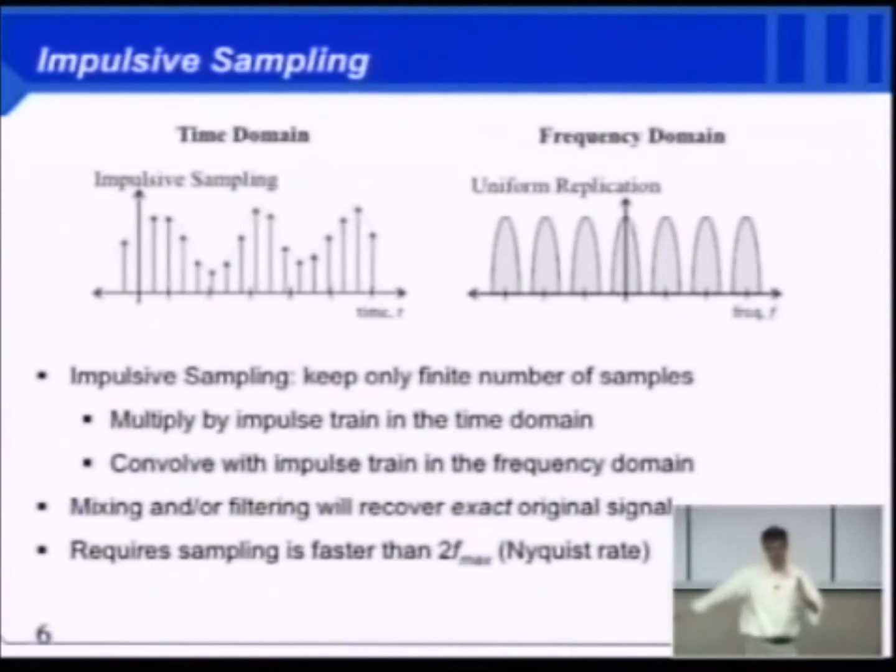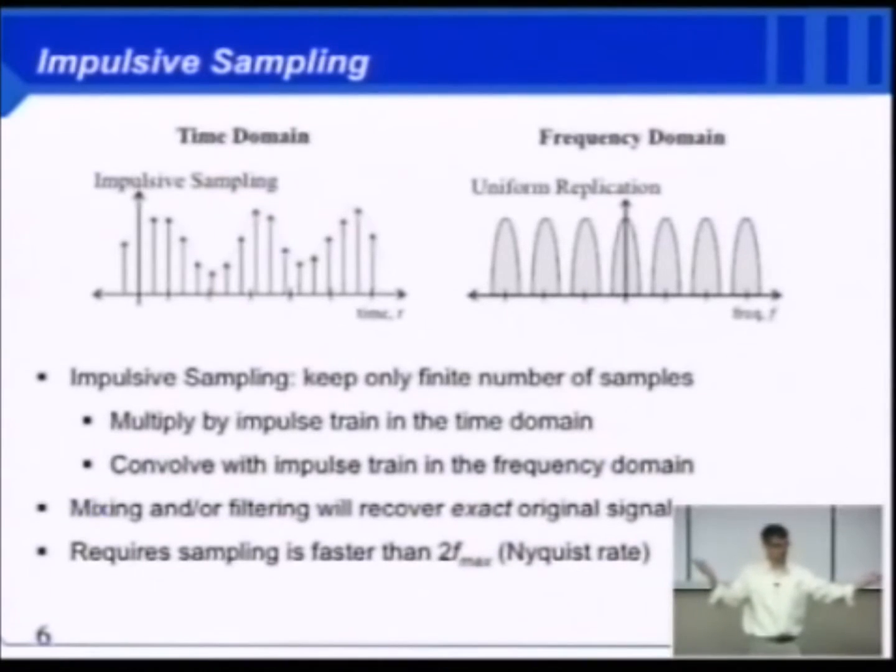You have wiped out a non-zero interval of the function by performing this multiplication. Even though it's an infinite impulse train with an infinite number of impulses, you have thrown away infinitely more points on the function than you have kept, because you've only kept it at discrete points. All the stuff in between has been zeroed out.